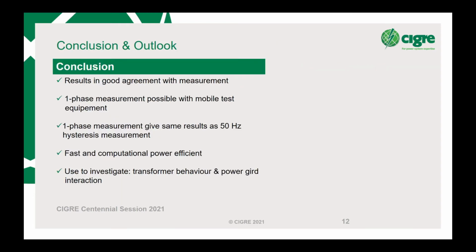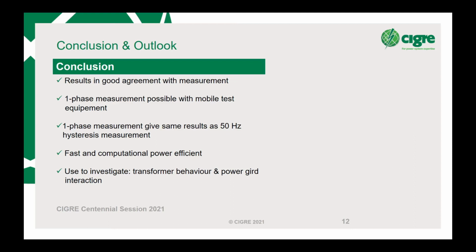That brings me already to the conclusion. So we have shown that the simulation and measurements are in good agreement with each other. Therefore, the 1-phase measurement can be used to capture the transformer hysteresis characteristic, and this can also be done with a portable device.